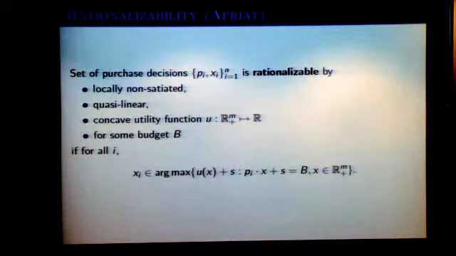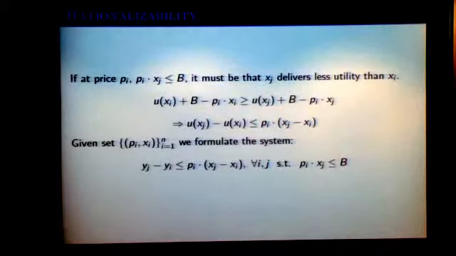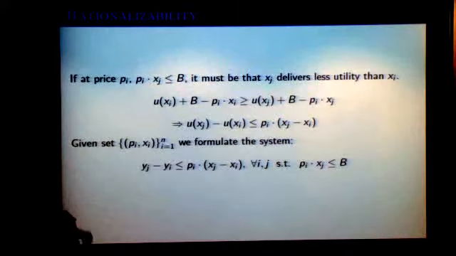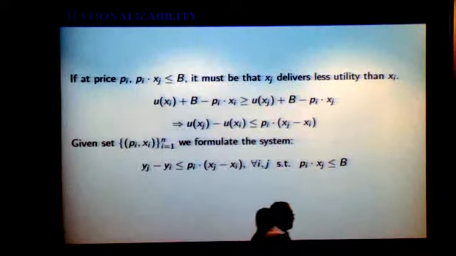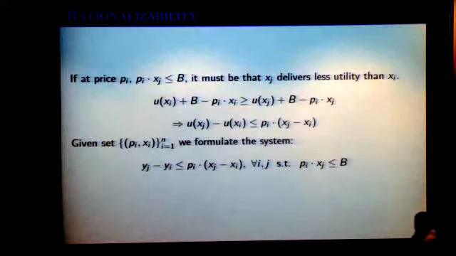So how do we know whether the preferences can be rationalized in this way? Well, supposing at the price vector p_i, the bundle x_j was feasible. In other words, at the price vector p_i, you had the money to buy the bundle x_j. What does that tell me?